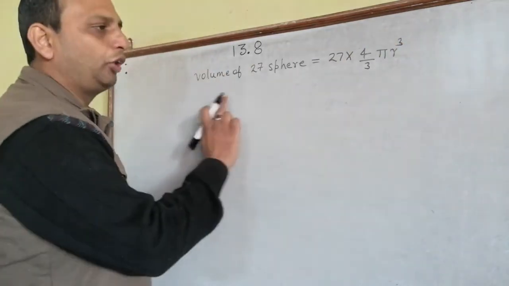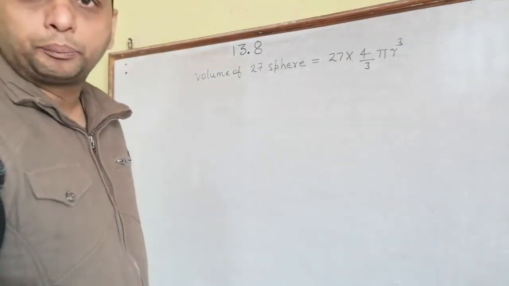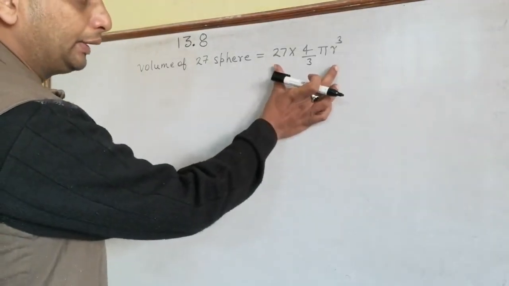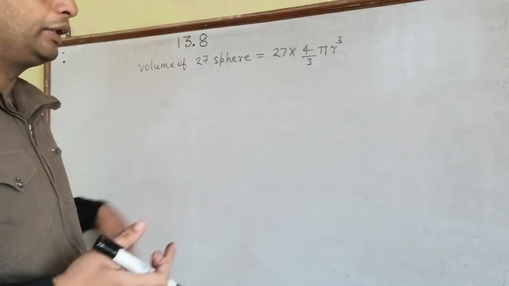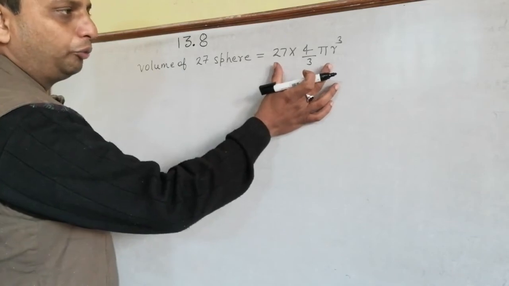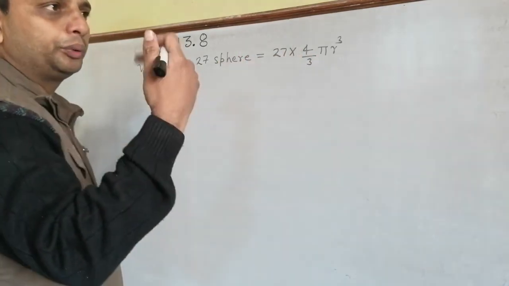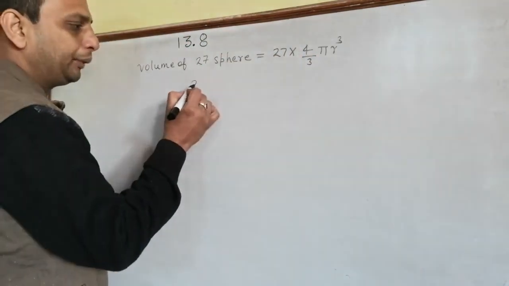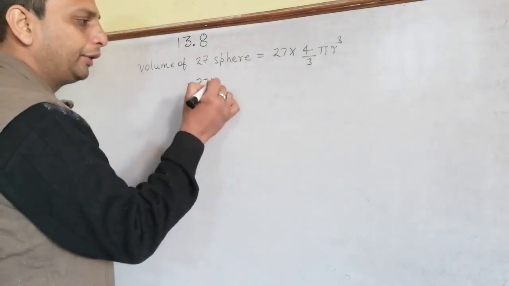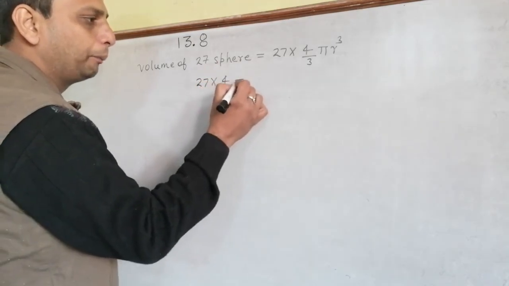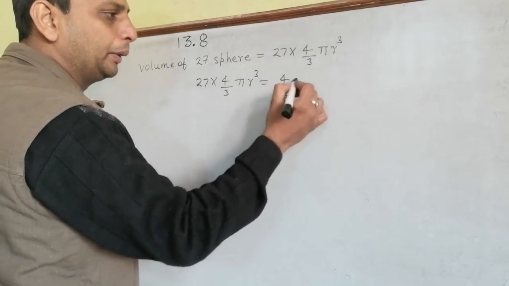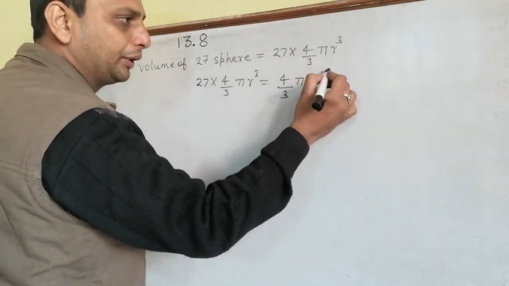This volume of the 27 spheres is equal to the volume of the new big sphere. So we'll write 27 multiplied with 4 upon 3 pi r cube, equal to 4 upon 3 pi r dash cube.